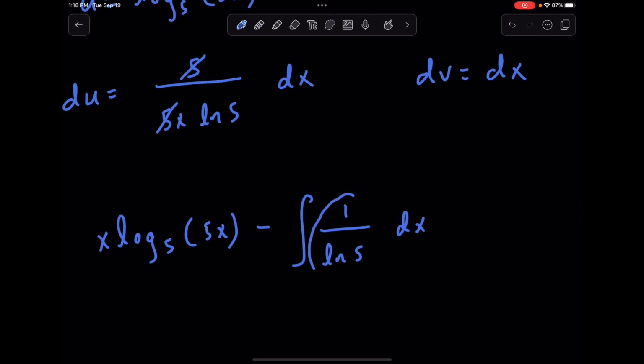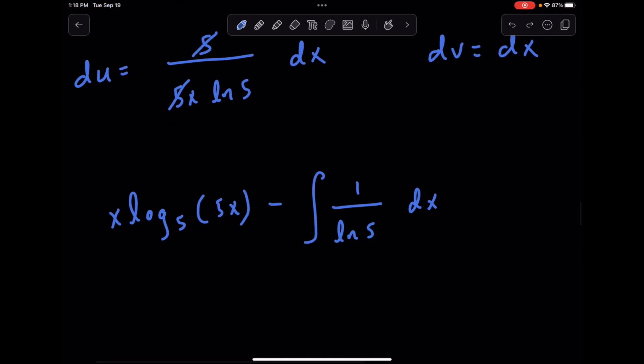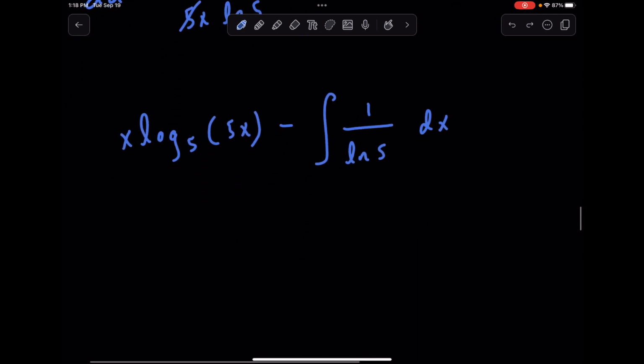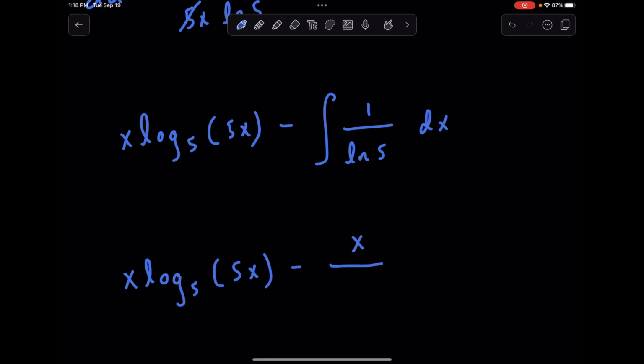Notice there's no x in this term right here, and ln 5 is just a number, so you can think of this as just being a constant. So the integral of this will be x log base 5 of 5x minus x over the natural log of 5 plus c.